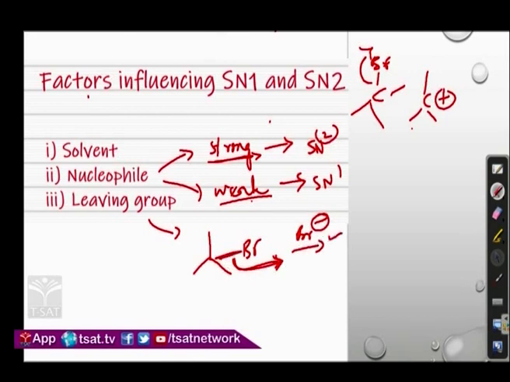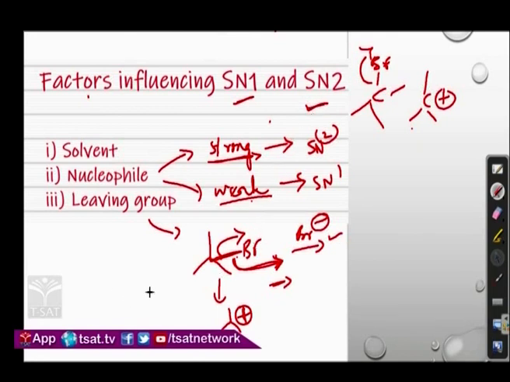If this bond is very much polarized towards one side and bromine is very ready to leave the molecule, carbocation generation will be more, so SN1 type reactions happen more readily. Whereas if the leaving group is not readily leavable, SN2 will form.